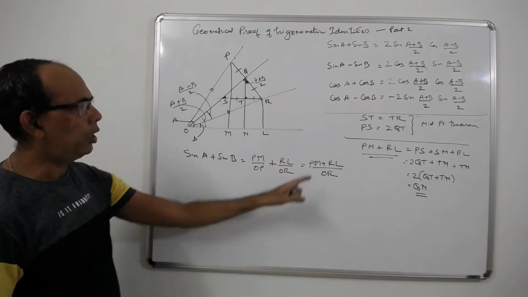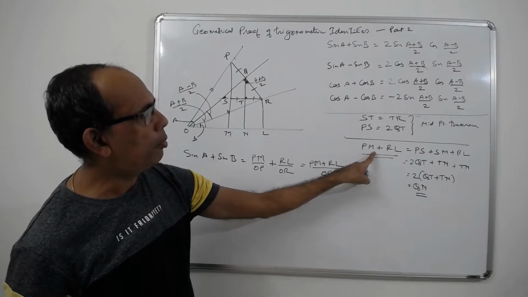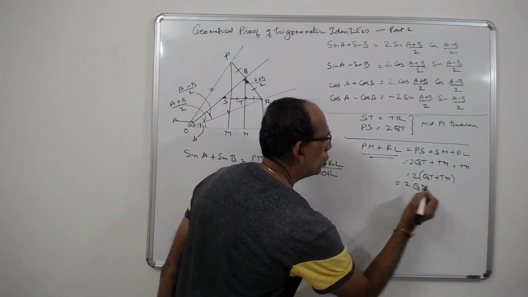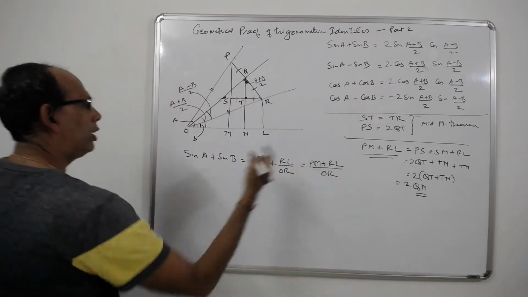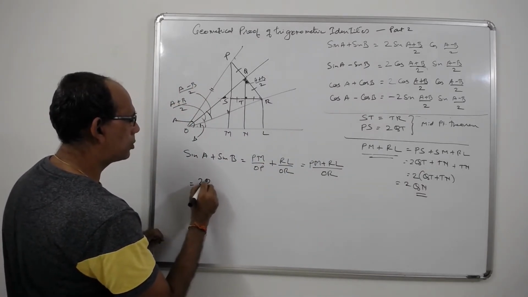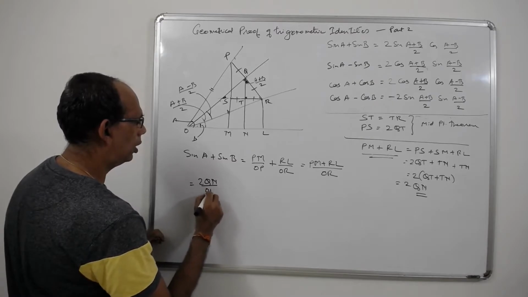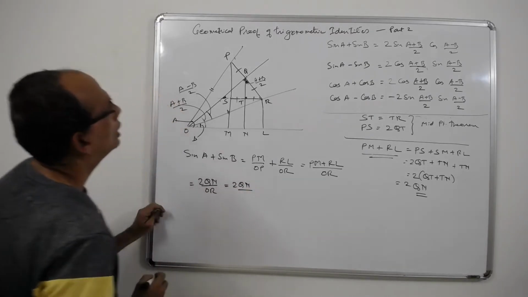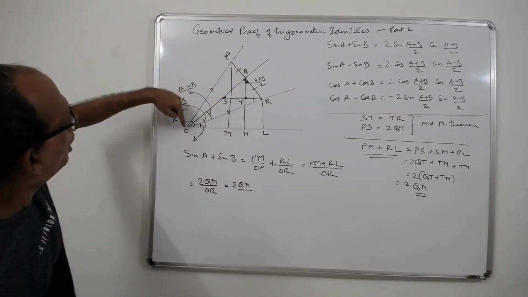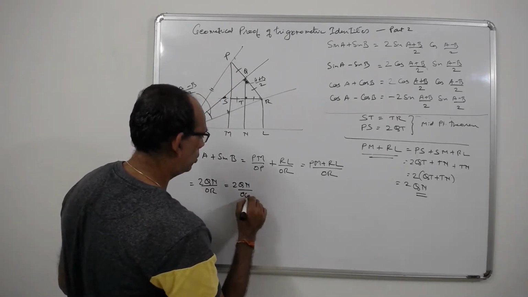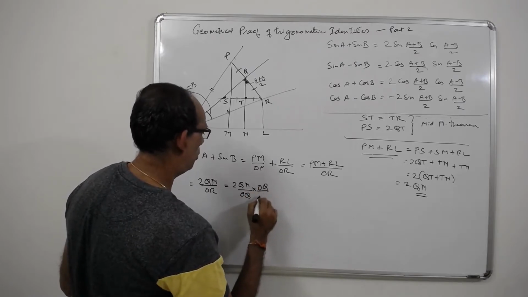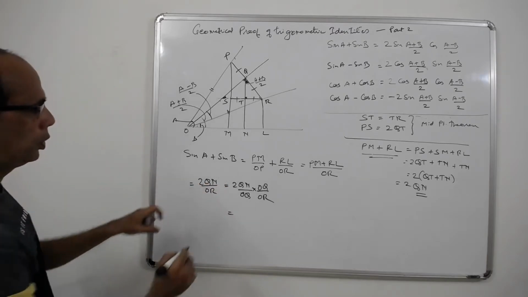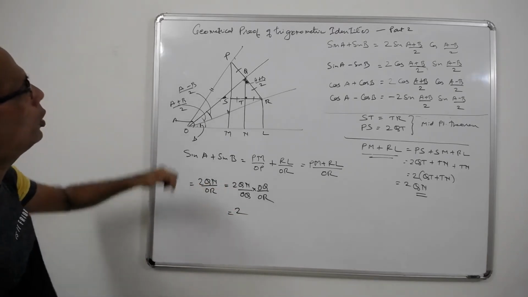PM plus RL is equal to 2QN. So we got 2 times QN upon OR. I write it as 2QN upon OQ into OQ upon OR. See what we get? We get 2 times QN upon OQ.